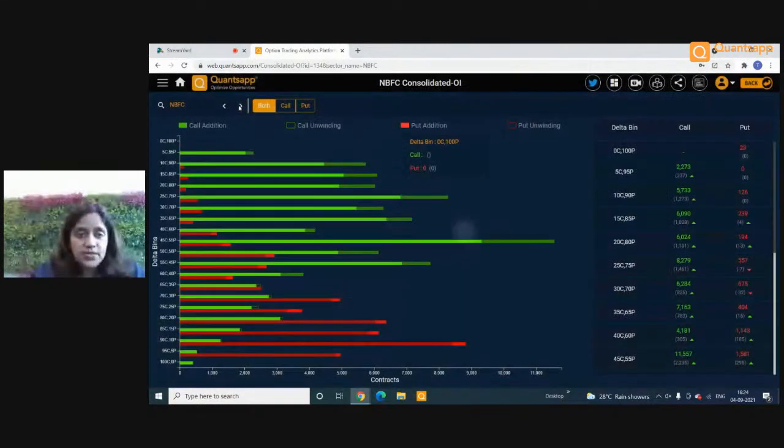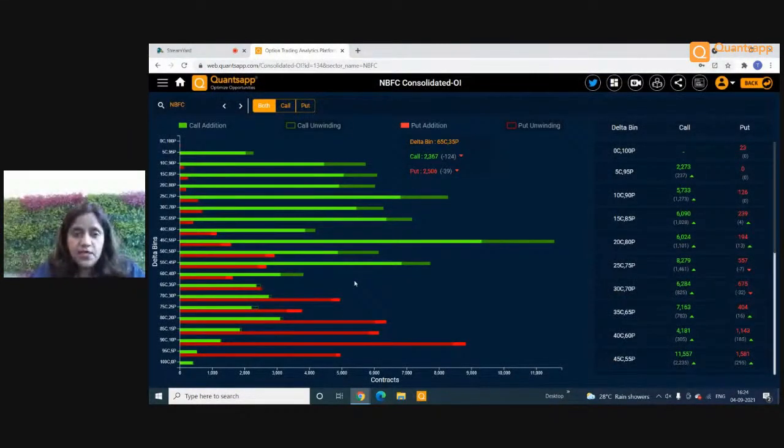Now let's look at NBFC. If you look at the finance sector as a whole, we saw a lot of call addition over here. We did not see much happening on the unwinding side. Though there was some, it was very little. So this shows that there are multiple hurdles in the entire path, and it is not a clean one.